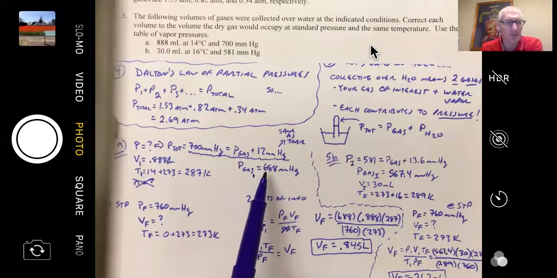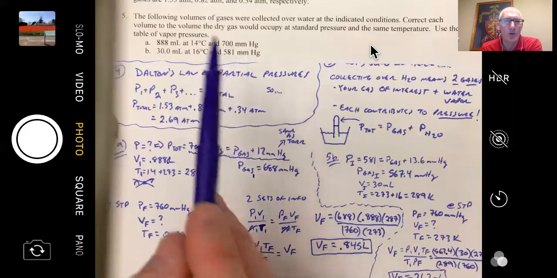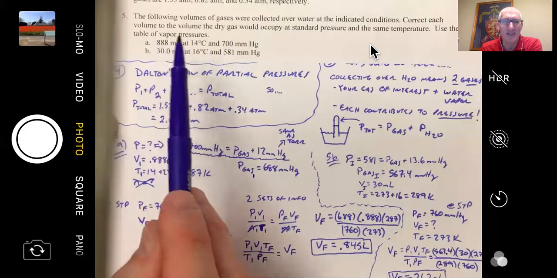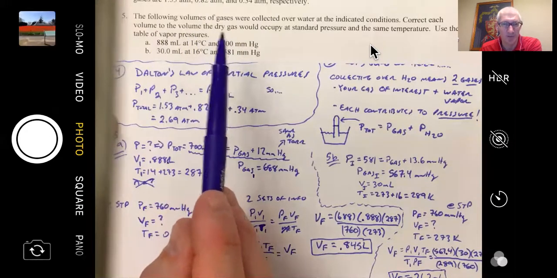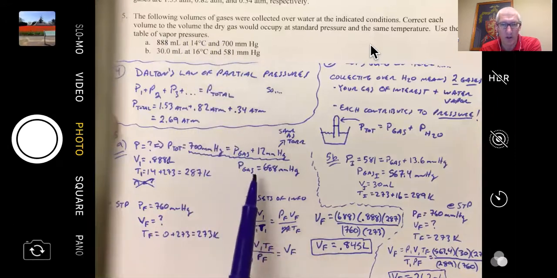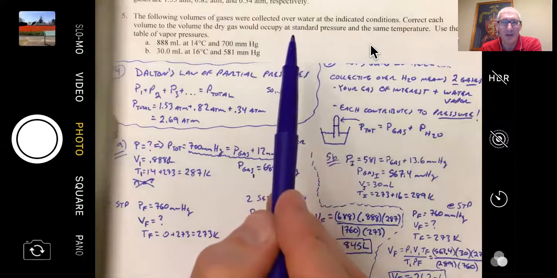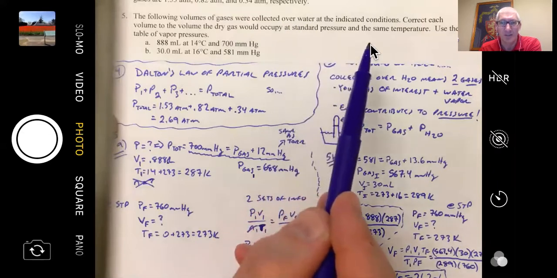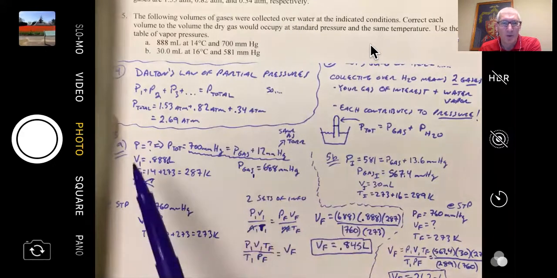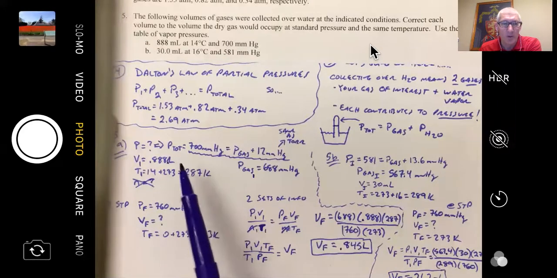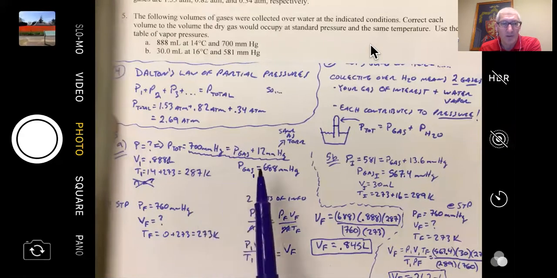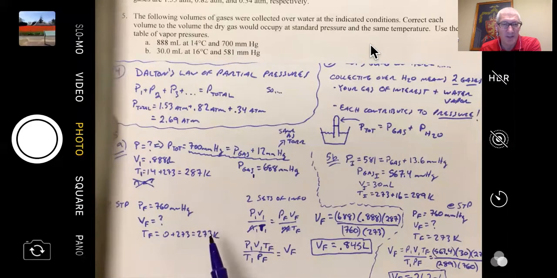And then you reread the problem and it says, we want to know what the volume of this gas would be if it was dry, which means we've gotten rid of the water. We're dealing only with the gas itself. And it was at standard pressure and standard temperature. So this becomes one of those problems where you have the initial values and the final values, because standard temperature is this, which is definitely different than the previous one.